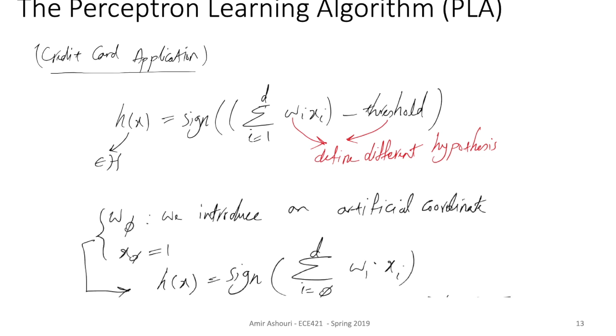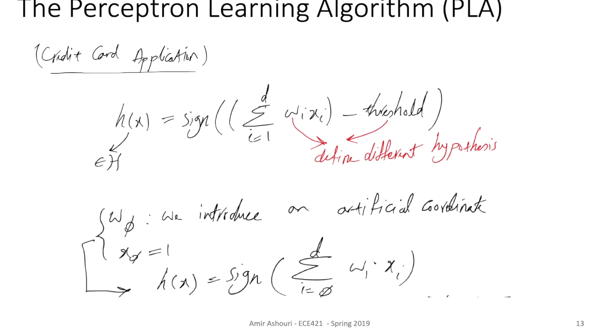So we change it to a vector space, and we define an artificial coordinate, which is called x0 for the threshold. So if you start with the sign function and the threshold, and if you assign this to an artificial coordinate, which we call here W0, and then also we set x0 equal to 1, you can formalize it this way.